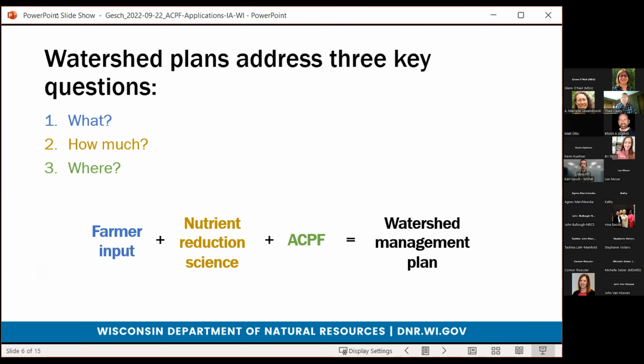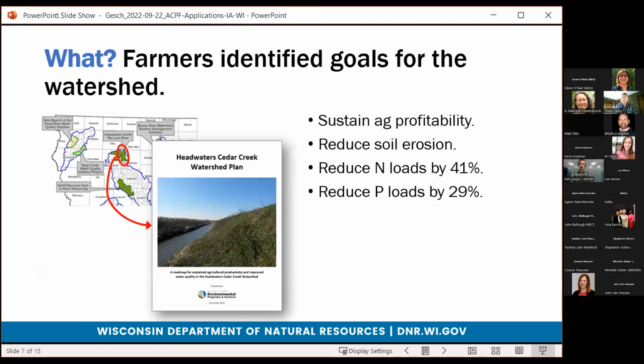ACPF is a really useful tool to help identify where those practices might be adopted across a watershed. So putting those 3 pieces of the puzzle together can be a really insightful way to help develop a watershed management plan that addresses local priorities at the level needed and in the best places. I'll walk you through an example of how this kind of sequence works to answer those 3 questions.